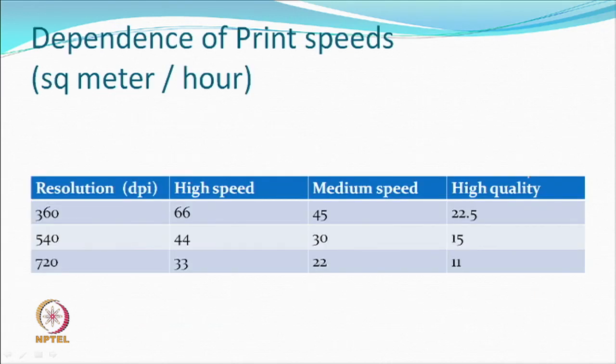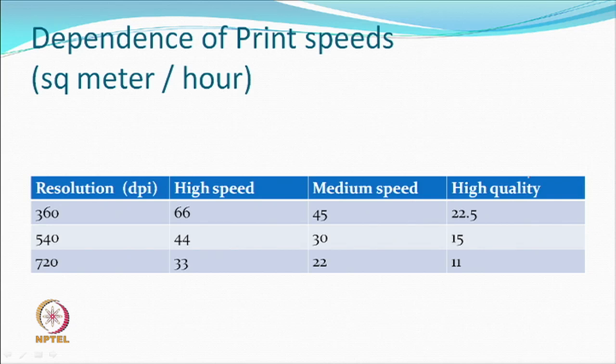So, somebody asks how will the speeds be, let us say square meters being printed per hour. So, it is easy to understand that if your resolution is high, the speeds will become slow, and if you want high quality, again you may reduce the speed. So, drop size control.